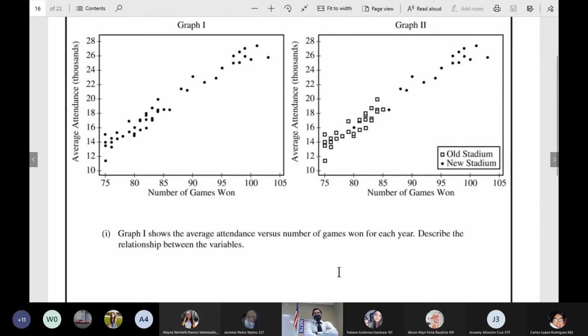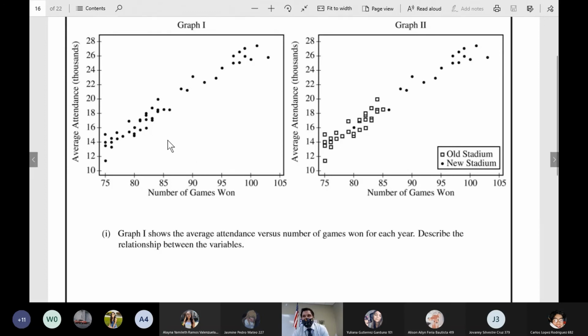So graph 1 shows the average attendance versus number of games won for each year. Describe the relationship between the variables. Right. And again, scatter plots. We're going to talk about the strength, right? The direction, and shape. Essentially, is it linear, curved, last thing.